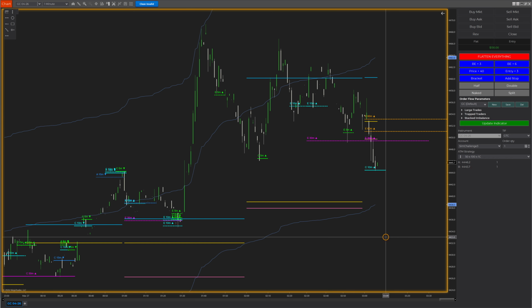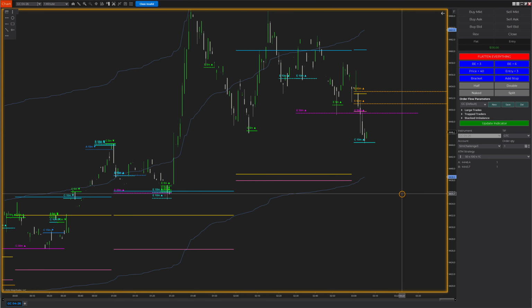See if we get something. Here. With no value area levels, no value area high, value area low, or POC, no VWAP, with nothing else to confirm this, it looks good, but I won't take it.